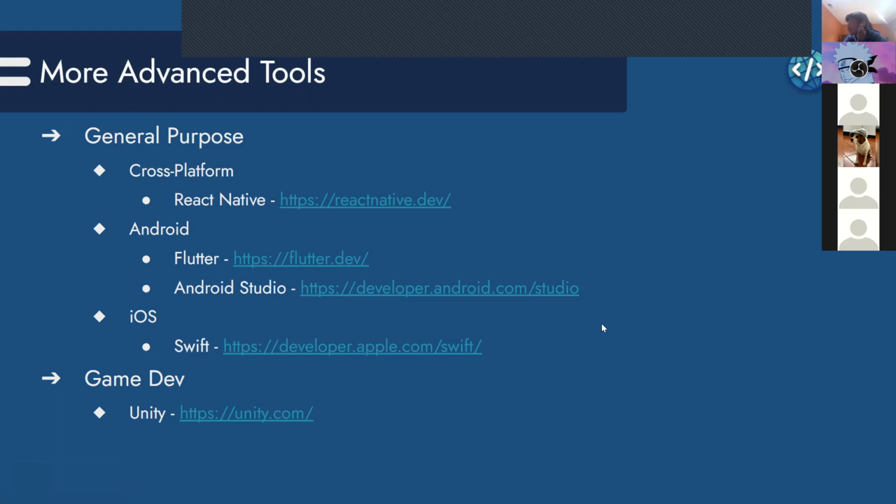JetBrains, in general, has a lot of offerings. This is based on IntelliJ, which is a really popular IDE from JetBrains. JetBrains offers a lot of different IDEs to code off of, so there's a lot of room there. And then for games specifically, you can use Unity.